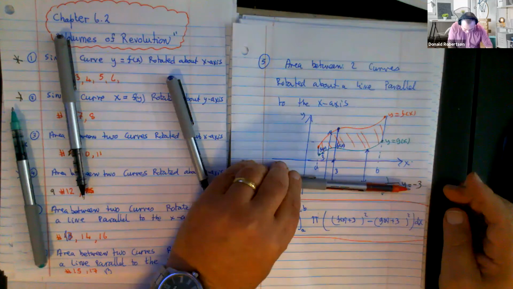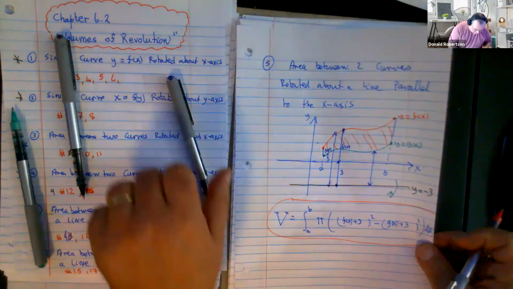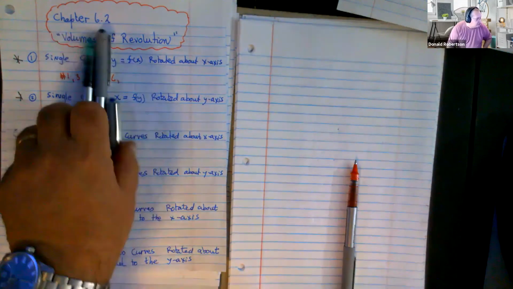And there's another version when the line is up here, but let's not worry about that yet. Let's focus on just the one that we've done. So hopefully 14 or 16 will look like that. Come on, keep going.